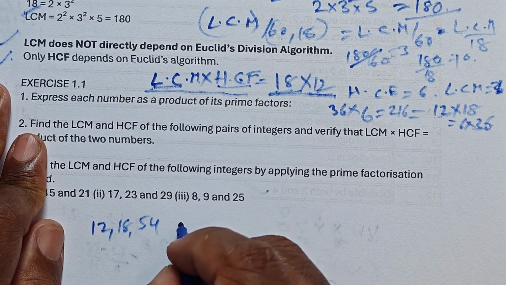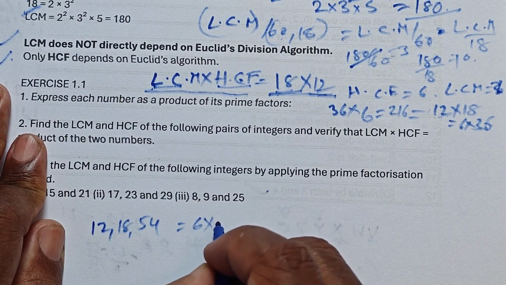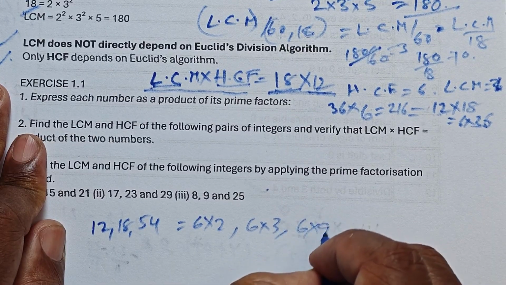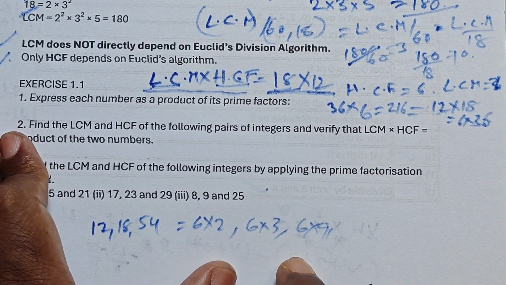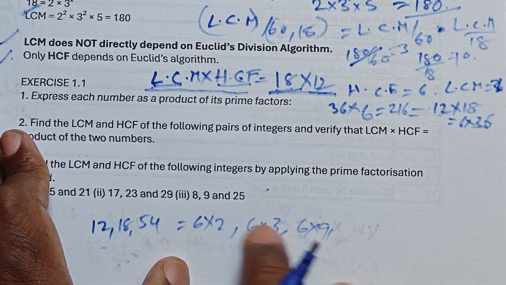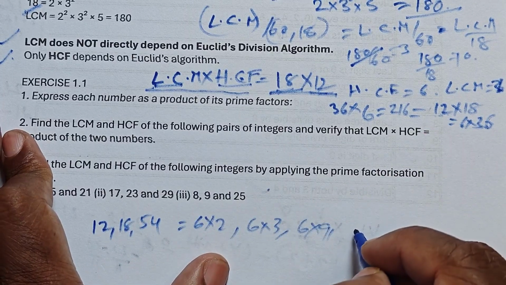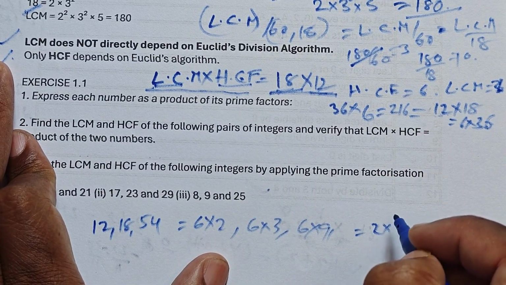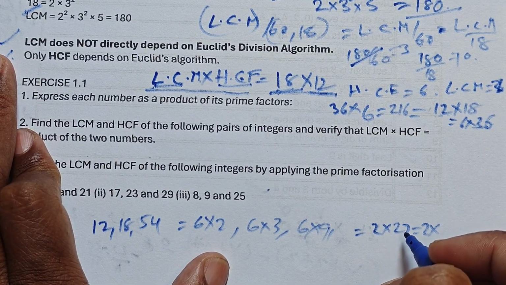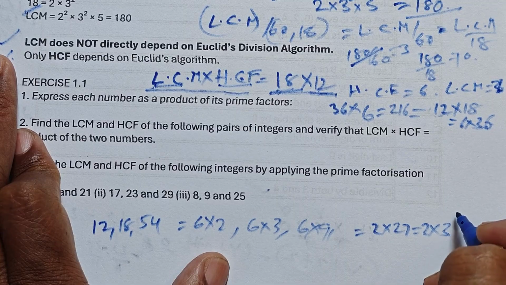You know 12 comma 18 is 6 into 2 comma 6 into 3. But you need to find the factors of 54. 54 is equal to 2 into 27, that is 2 into 3 into 3 into 3, which is 3 cube, correct?